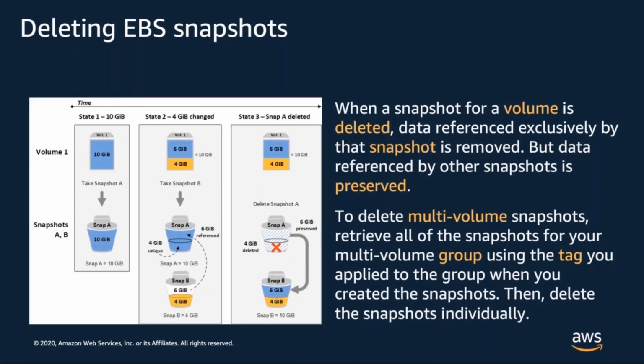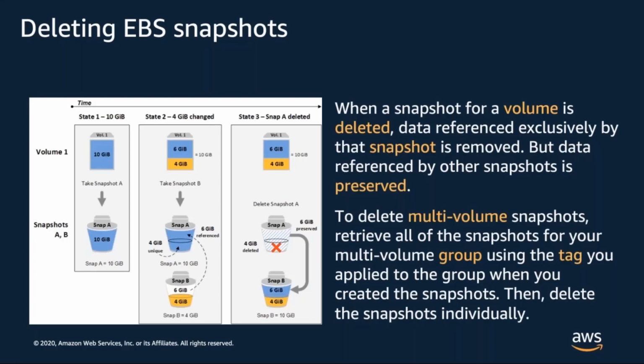Most of the time, customers ask me, what happens when we delete a snapshot? So let's talk about it here. When you delete a snapshot, only the data referenced exclusively by that snapshot is removed. Unique data will not be deleted unless all the snapshots that reference that data are deleted. Deleting a snapshot of a volume has no effect on the volume.